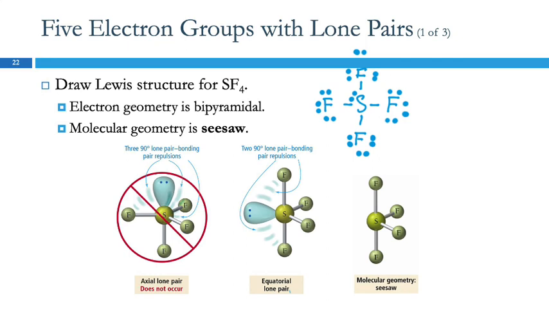You only know that if you draw the Lewis structure, count up all the electrons, do that whole thing. So we've got 5 groups. 5 groups is the trigonal bipyramid, little girl with the skimpy tutu.